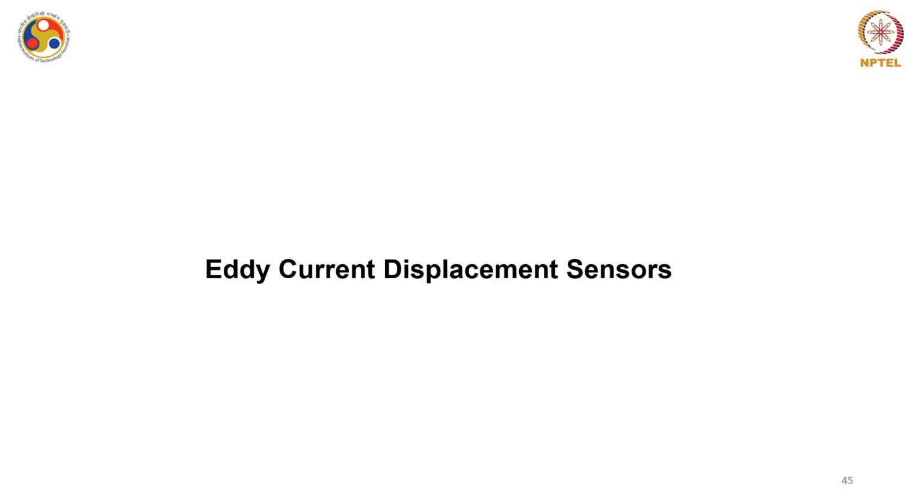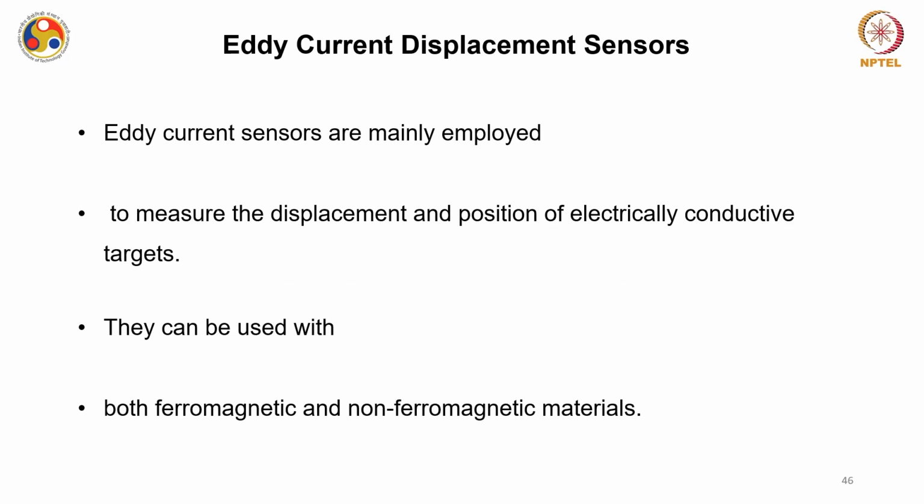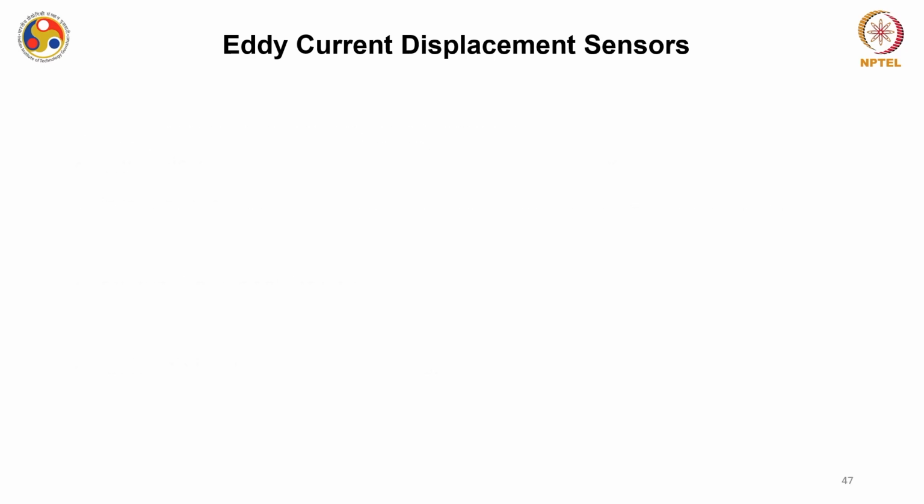Then there is another kind of displacement sensor which is very popular, known as eddy current displacement sensors. Eddy current sensors are mainly employed to measure the displacement and position of electrically conductive targets. These electrically conductive targets need not necessarily be magnetic material, so they can be used for both ferromagnetic and non-ferromagnetic materials.